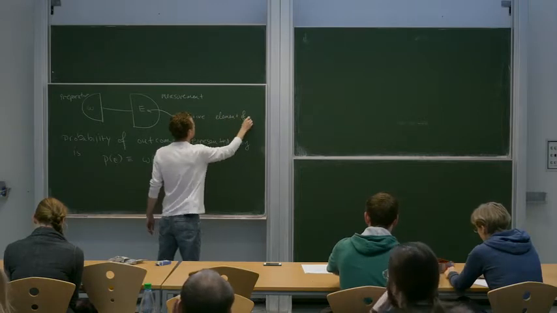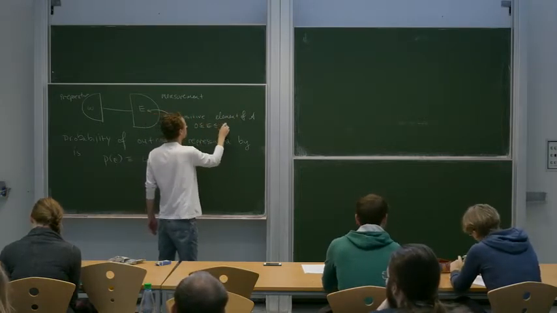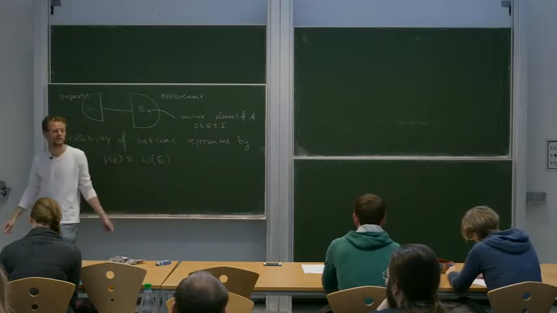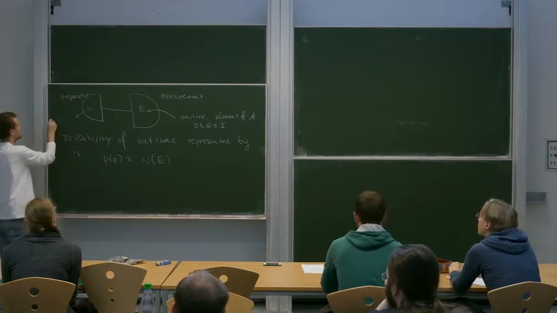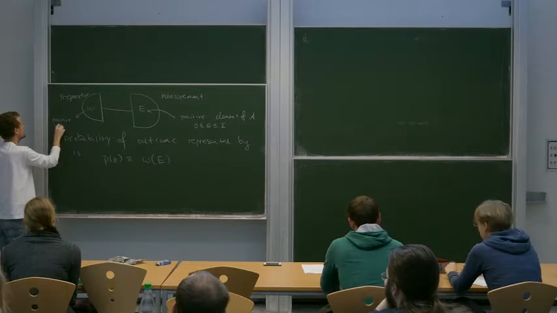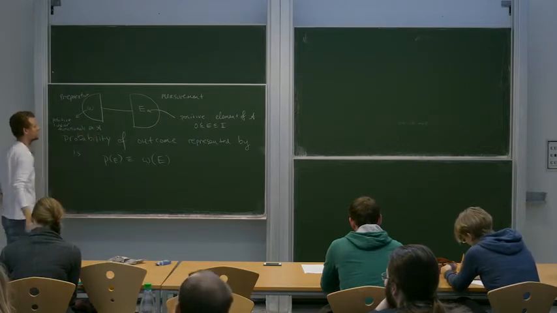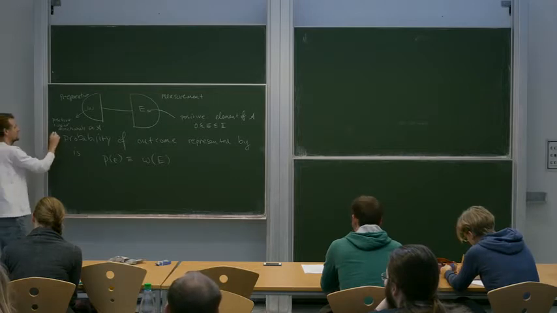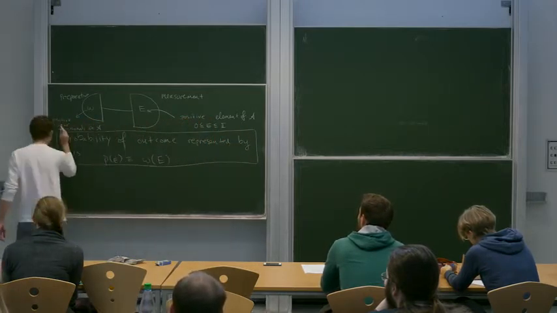And this is how we represent outcomes of measurements. And states, omega, these are positive linear functionals. That's the picture we had from last week. This is how we describe essentially the kinematics of quantum mechanics.